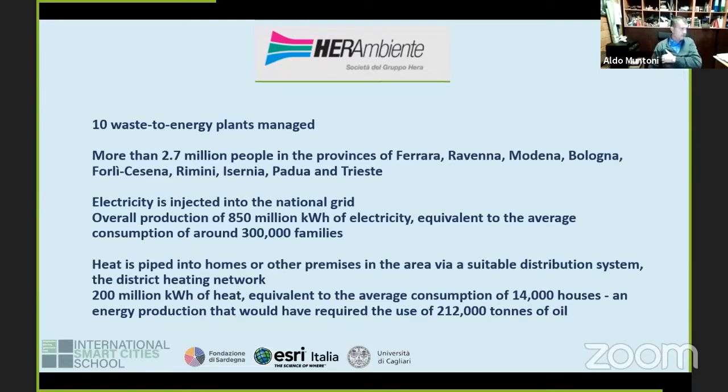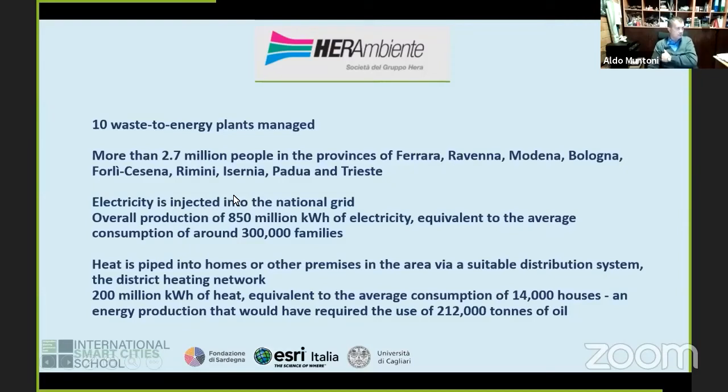And you can see here that Erambiente manages the waste produced by a significant part of the north of Italy: Ferrara, Ravenna, Modena, Bologna, Padova, up to Trieste, with 10 waste-to-energy plants.